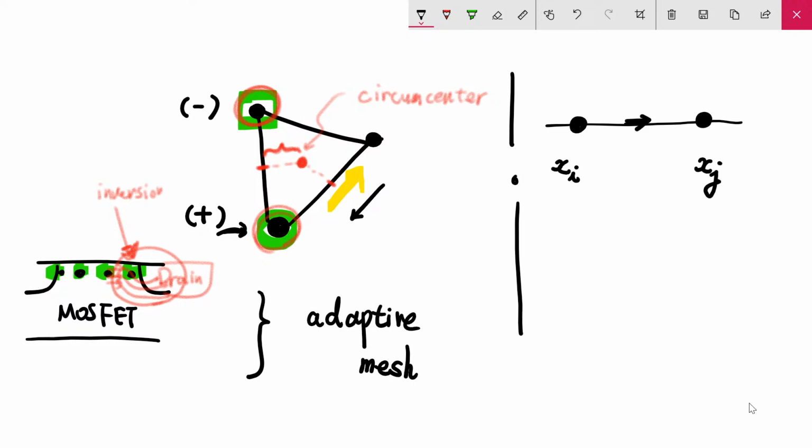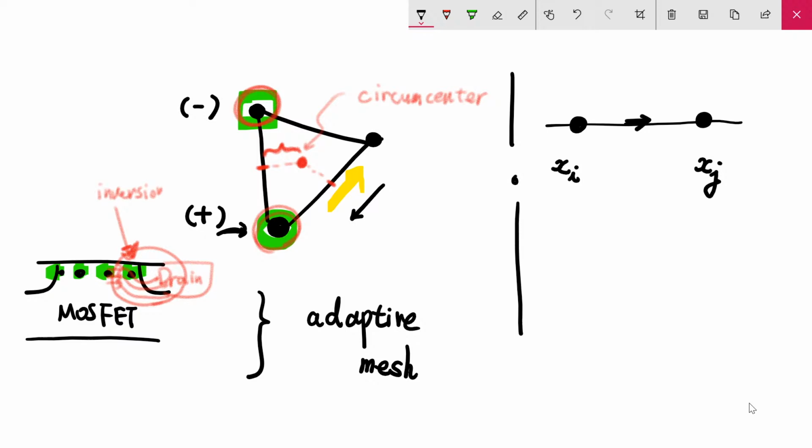Even for commercial device simulators, we can find this capability. It means that once we solve the system with a predefined mesh, and we have performed the simulation, then we can find an approximate result for our current density.